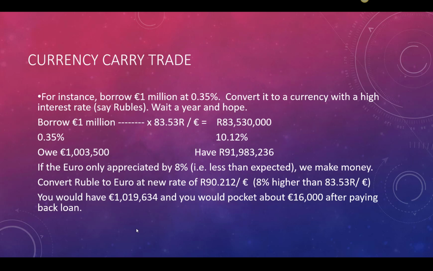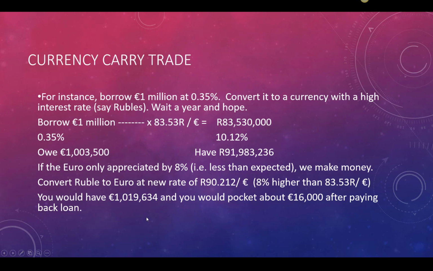And so what happens is we've made money, we've made 16,000 euros on this transaction. So as long as the appreciation rate isn't quite what it ought to be, then we make money. And this has been a relatively popular trade, again, using Japan and countries like Australia or New Zealand in the past, but it's not foolproof, it's not an arbitrage opportunity. It's just taking advantage of exchange rate changes that don't quite match the interest rate differential.